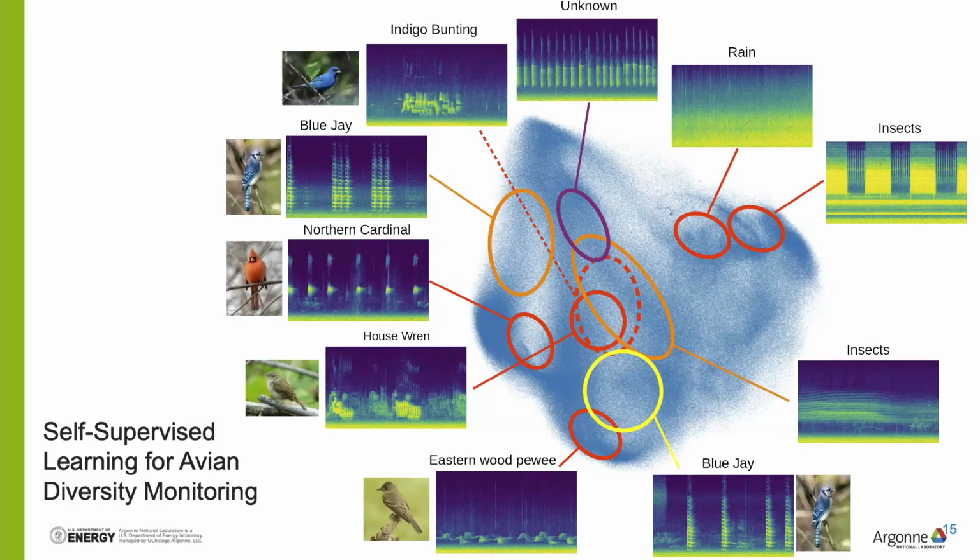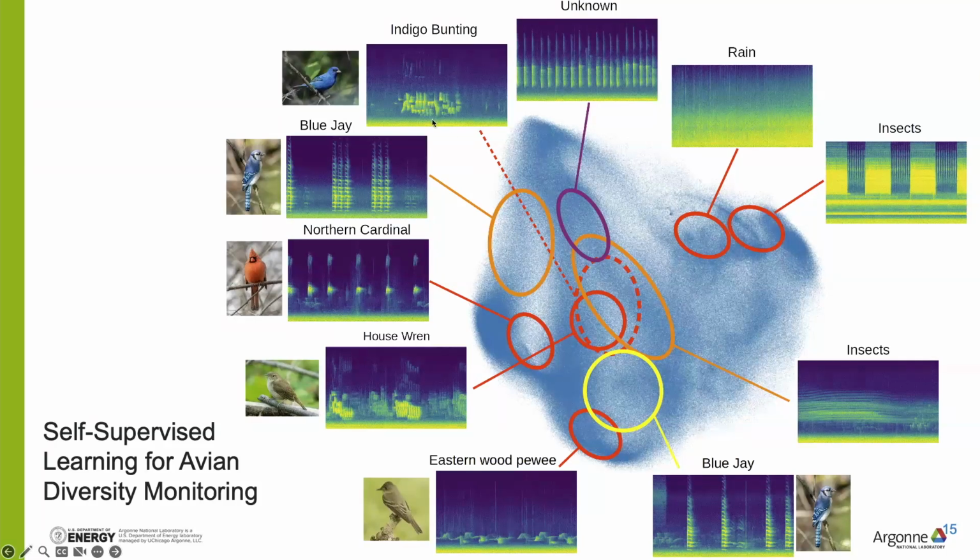But what we were able to do is do the self-supervised learning and clustering. Here you see a 2D projection of a many-dimensional space, but the ellipsoids here are actually distinct regions in that embedding space. And when we look at what we find within those groupings, there were clearly distinct birds in each of these regions.